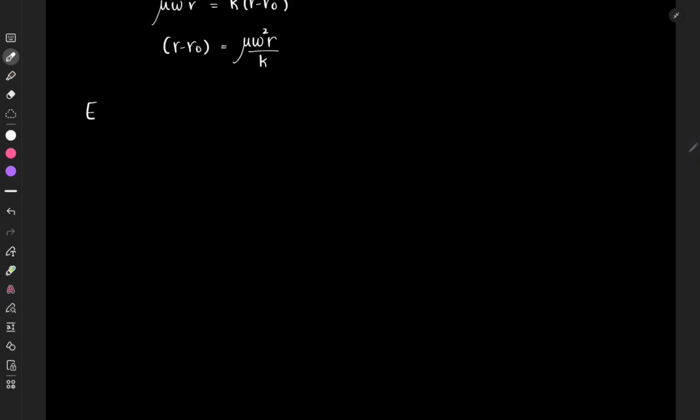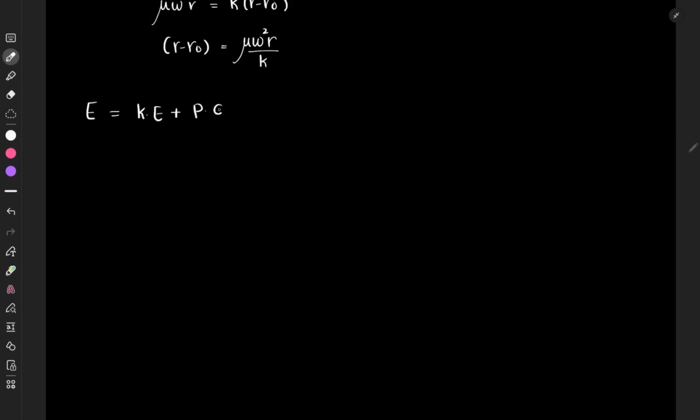In the case of the rigid rotor model, if you remember, we only considered the kinetic energy part. It was half m1 v1 square plus half m2 v2 square, and we found the equation. But for the non-rigid rotor model, we use the kinetic energy as well as the potential energy.